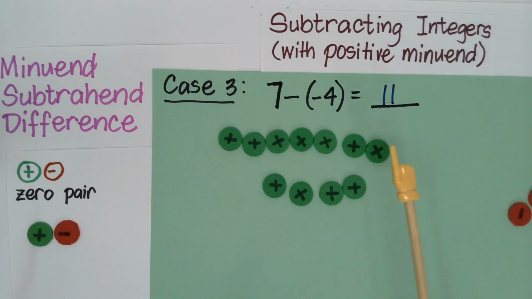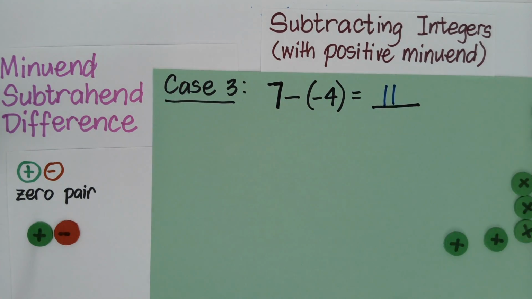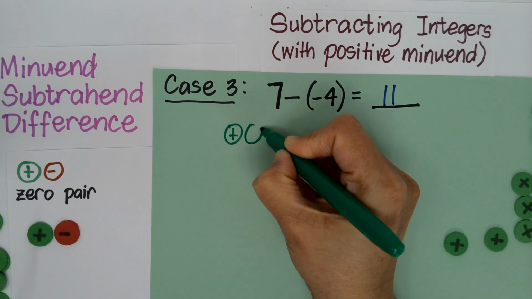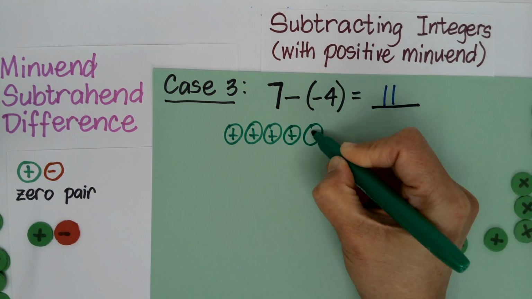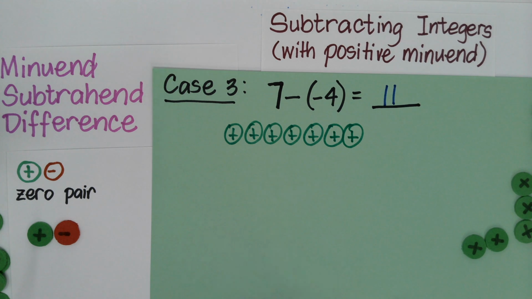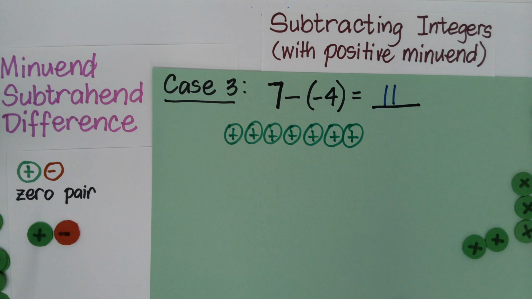Okay, so let's do it the semi-concrete way. We have positive 7. Because we need to take away negative 4, we need to introduce 4 negative discs by introducing 4 zero pairs.